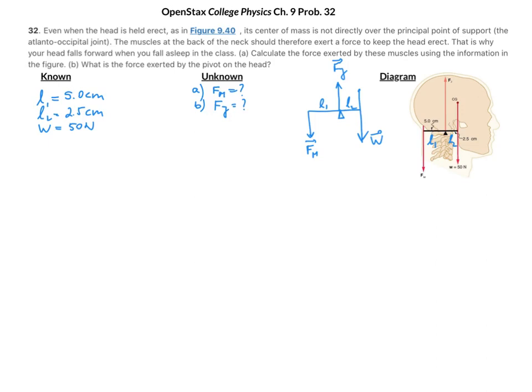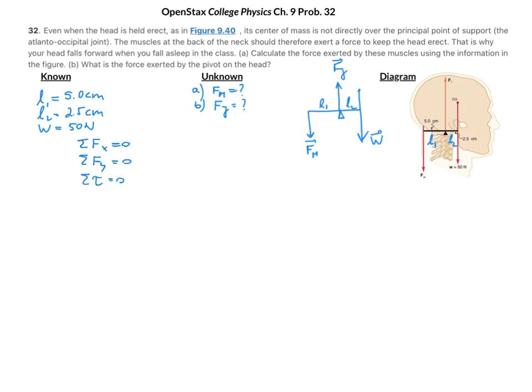All right, since the head right now is in equilibrium, that means that the sum of the forces on the head is 0 and also the sum of the torques is 0. So I'll have the sum of the forces in the x direction is 0, the sum of the forces in the y direction is 0, and the sum of the torques is 0.